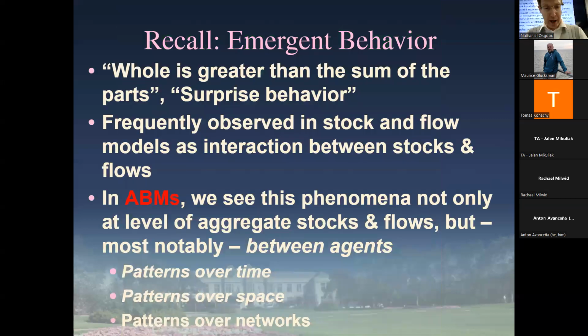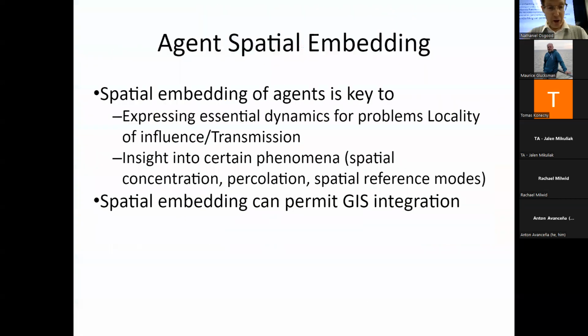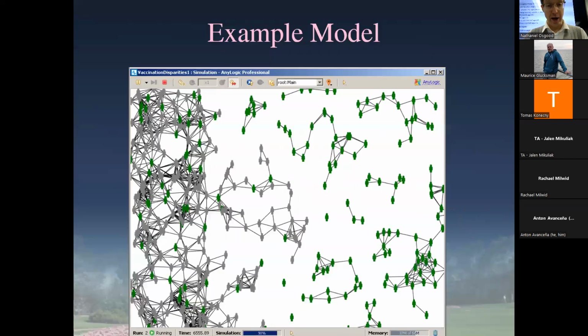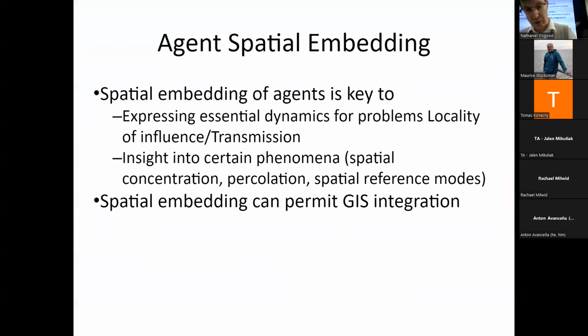So within ABMs, we have interaction with the environment and agent-to-agent interaction as key components. A lot of it occurs with networks and sometimes with other mechanisms of sending each other messages for transactions or something.